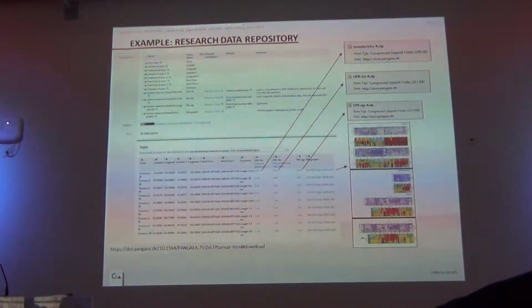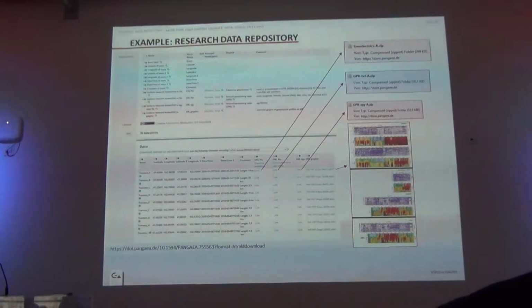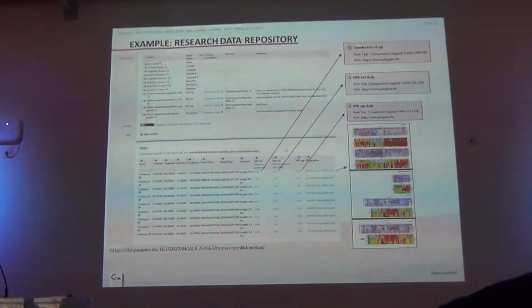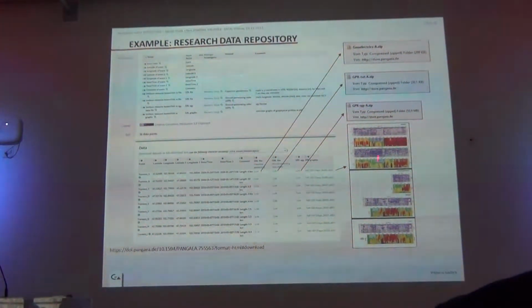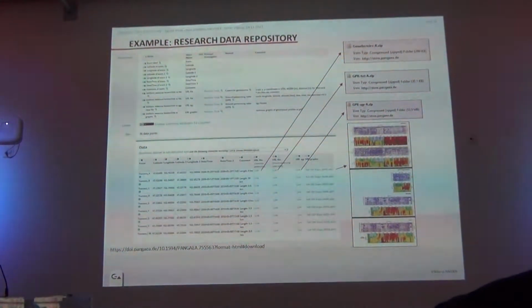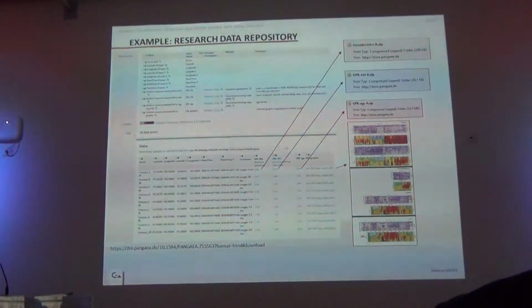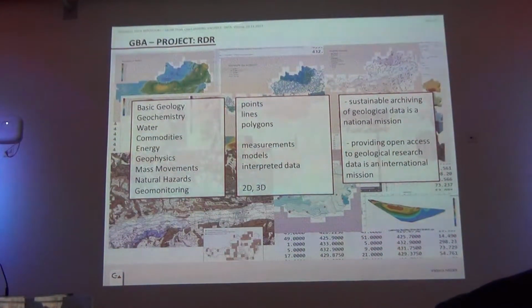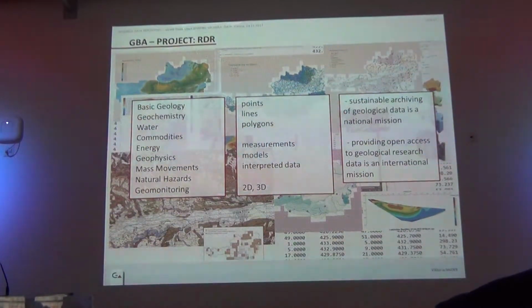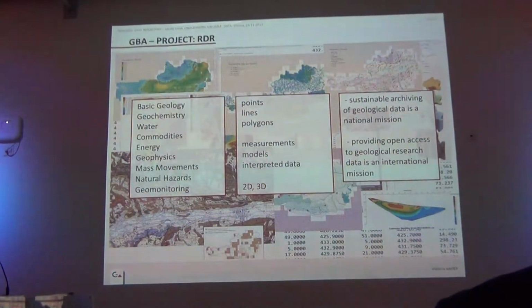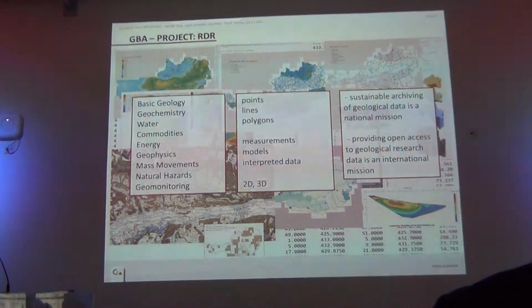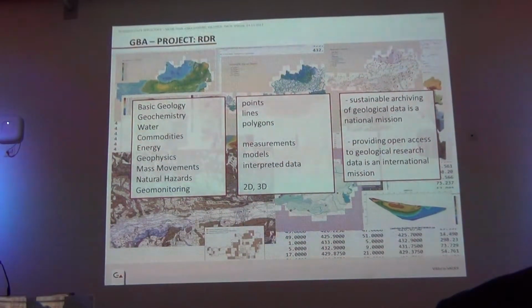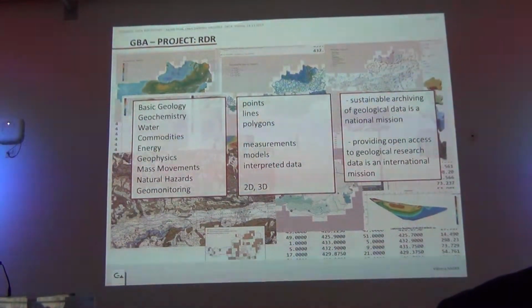So you can download all the zip files, and you also get images, in this case as a PDF file, and you're allowed to use the data and you can reuse the data. So, now we know what a research data repository is and what the approach of a research data repository is.